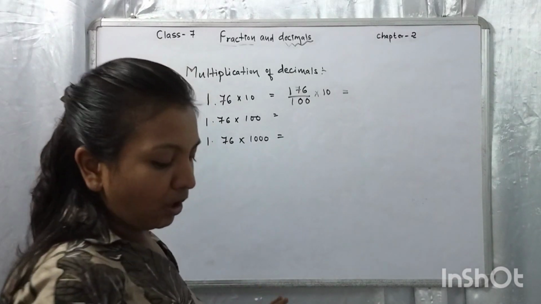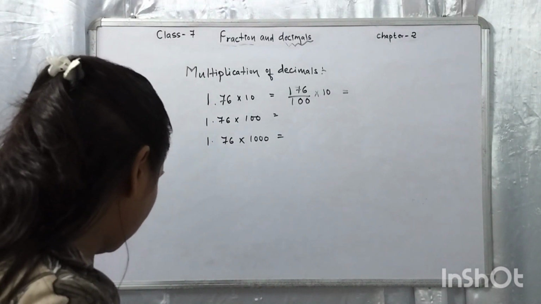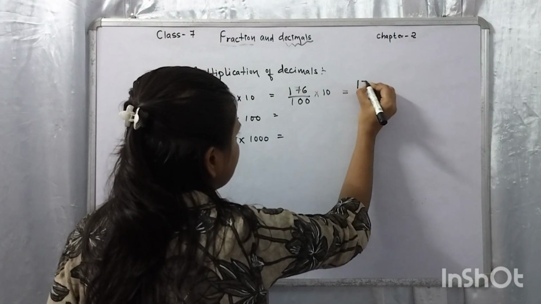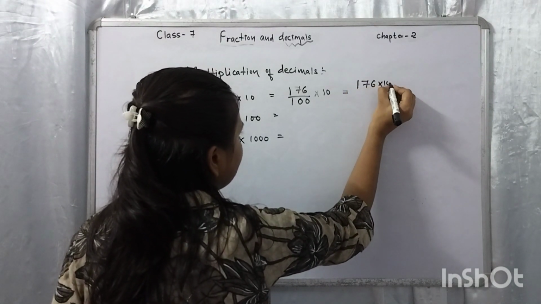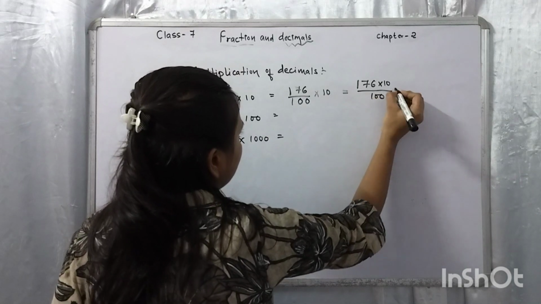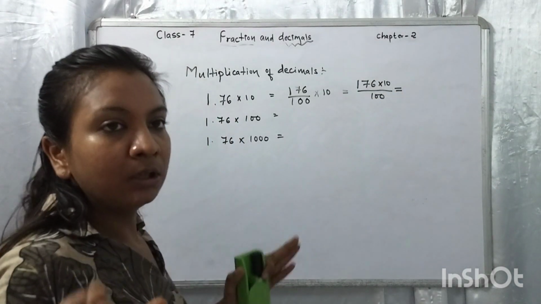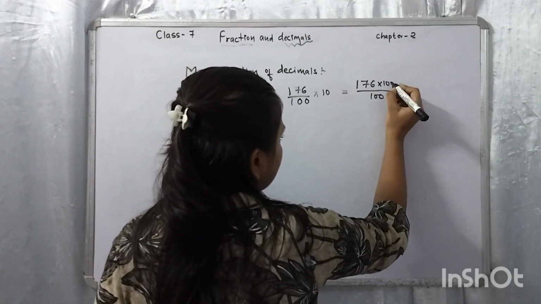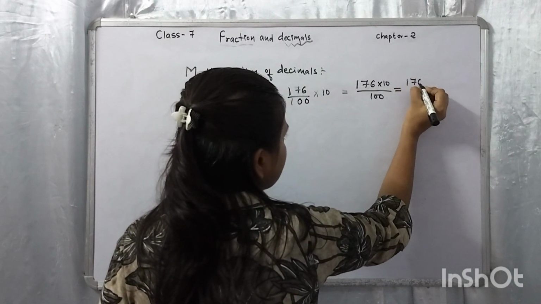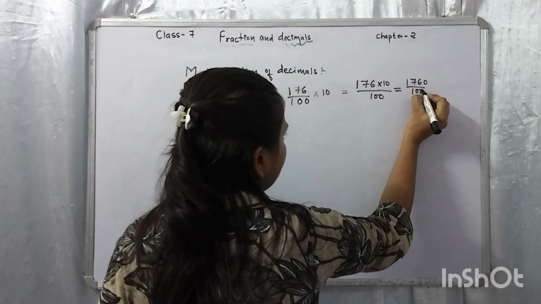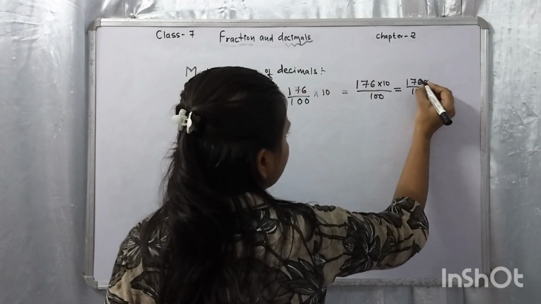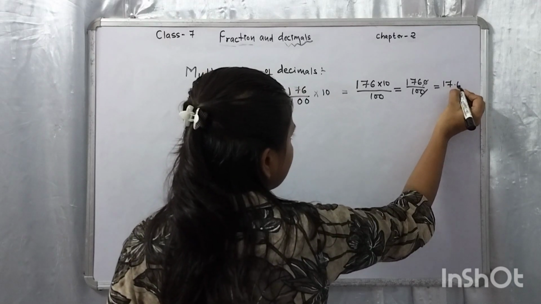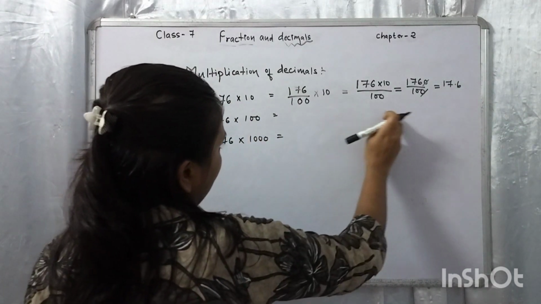See, now you can use 2 forms to do this. Either you write 176 into 10 by 100, which is longer but a right way to do it. And now you will cut it, or one more step, 1760 by 100, you will cut this too. Since this is 10, this will be 17.6. So this is the actual process.